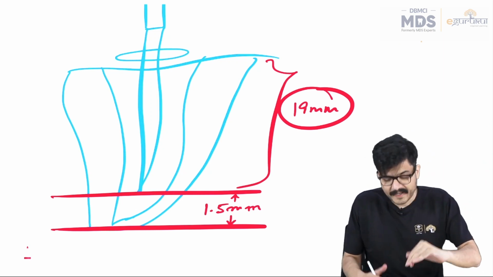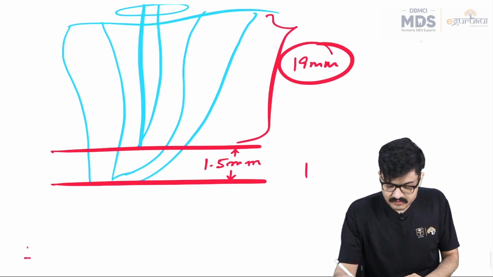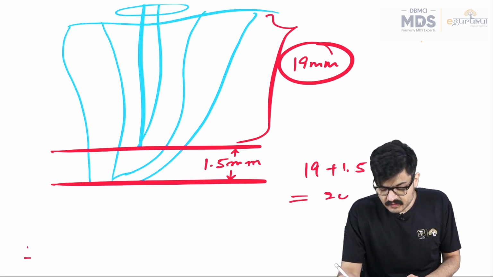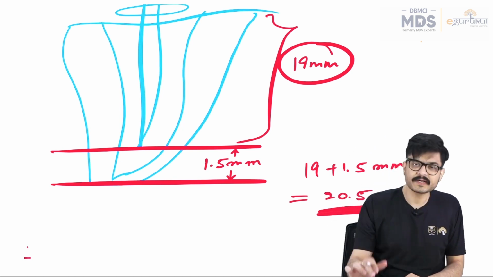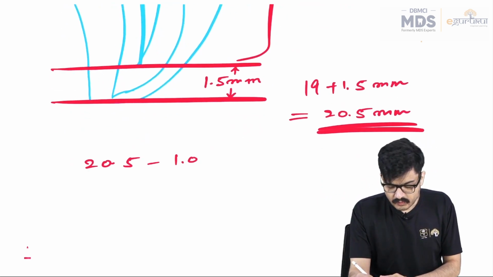So now my tooth length becomes what? Instead of 20 mm, it becomes 19 plus 1.5 mm. That means 20.5 mm. And the final working length would be 20.5 mm minus 1 mm, which is 19.5 mm. Right?